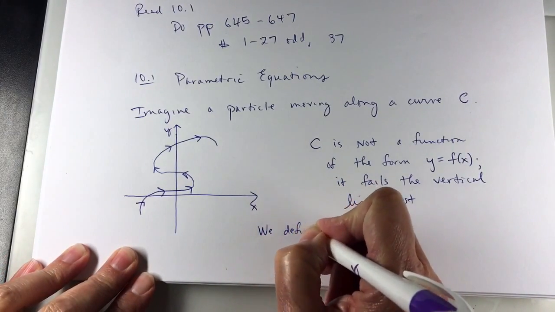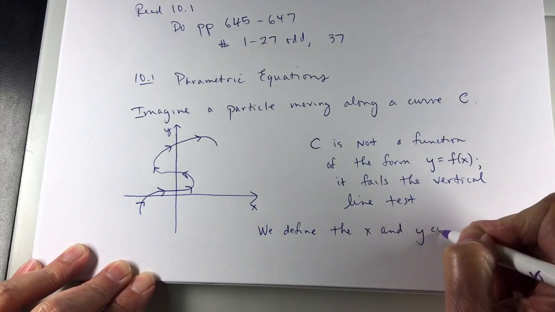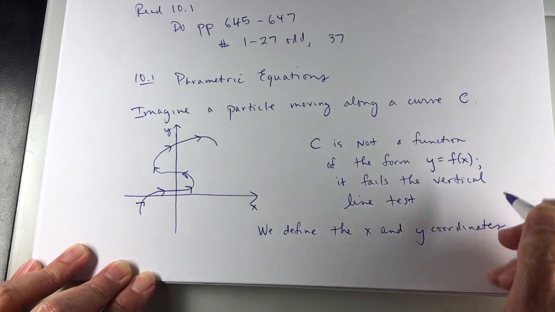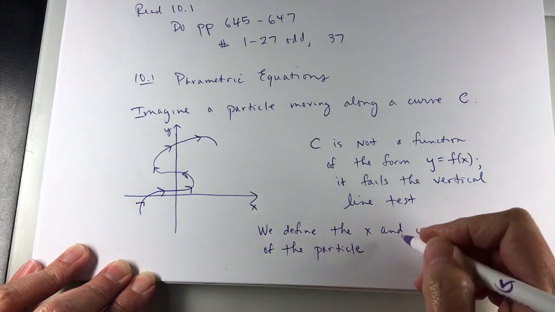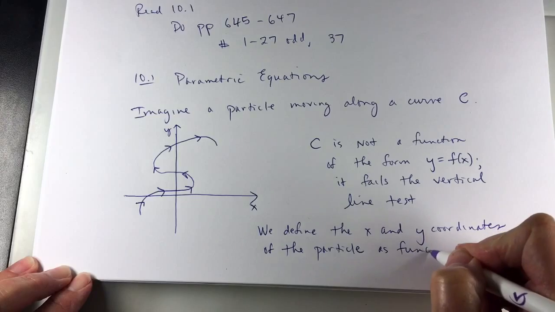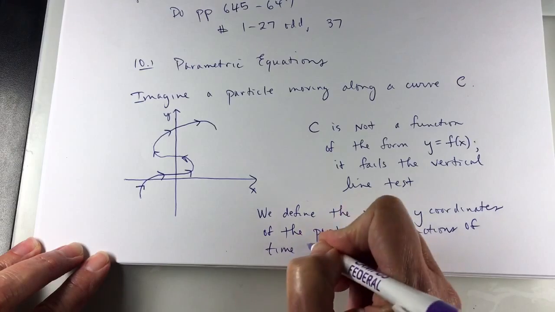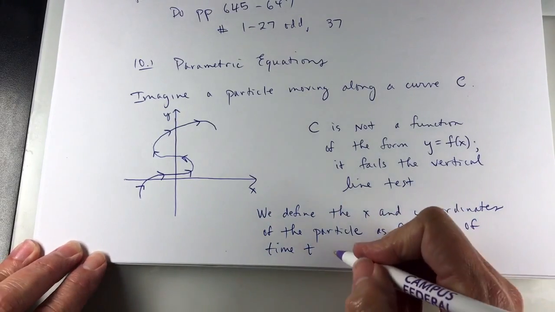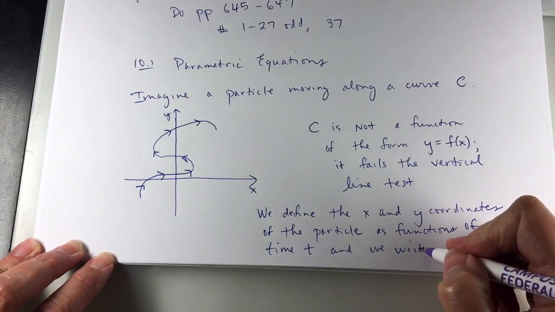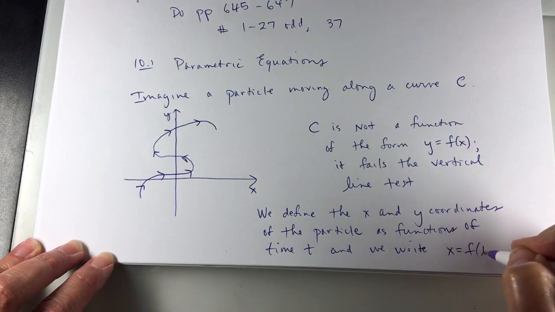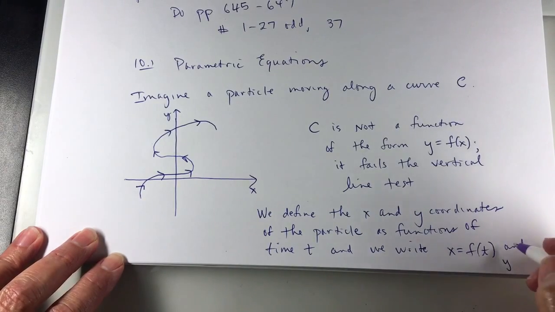We define the x and y coordinates of the particle as functions of time t, and we write x equals f of t and y equals g of t.